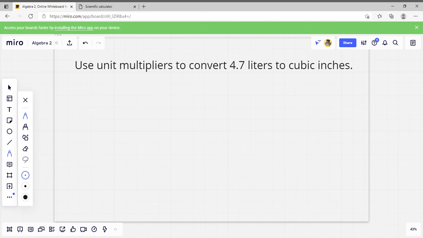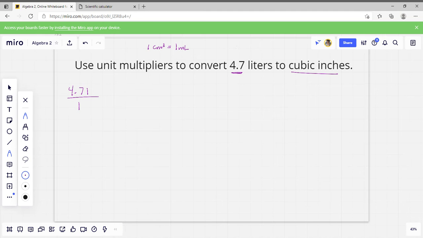Use unit multipliers to convert 4.7 liters to cubic inches. So we've got 4.7 liters over 1. And remember that we have to go to cubic centimeters first, then to cubic inches. So 1 liter is 1,000 cubic centimeters. Remember that: 1 centimeter cubed equals 1 milliliter.